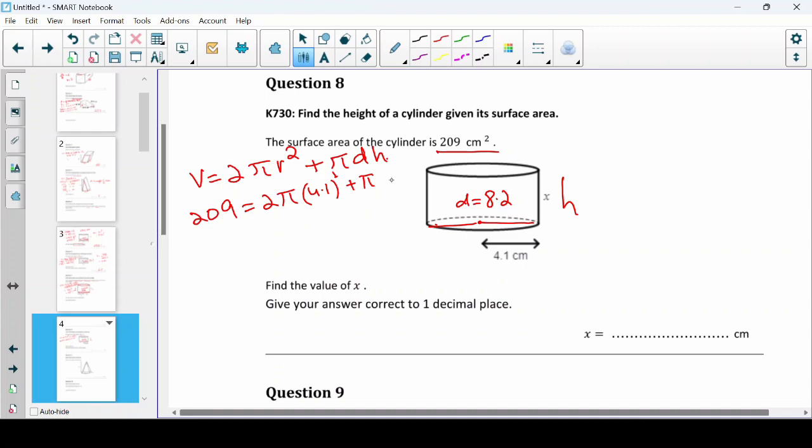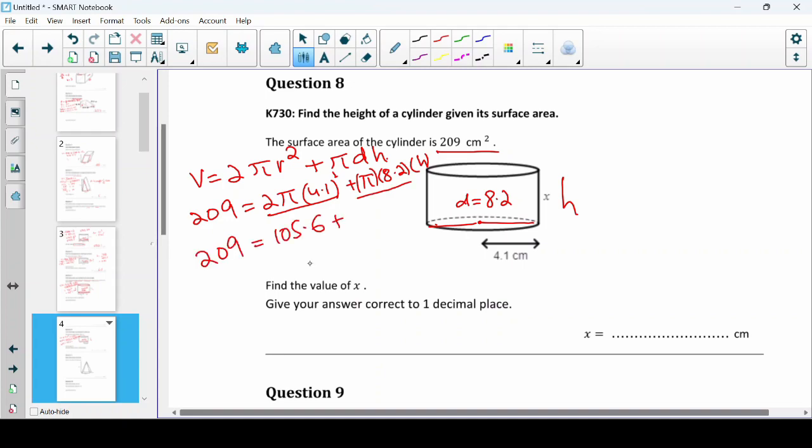We solve this one and take it to the other side of the equation. 2 times pi times 4.1 squared gives us 105.6. 209 is equal to 105.6 plus. So we multiply this pi with 8.2.